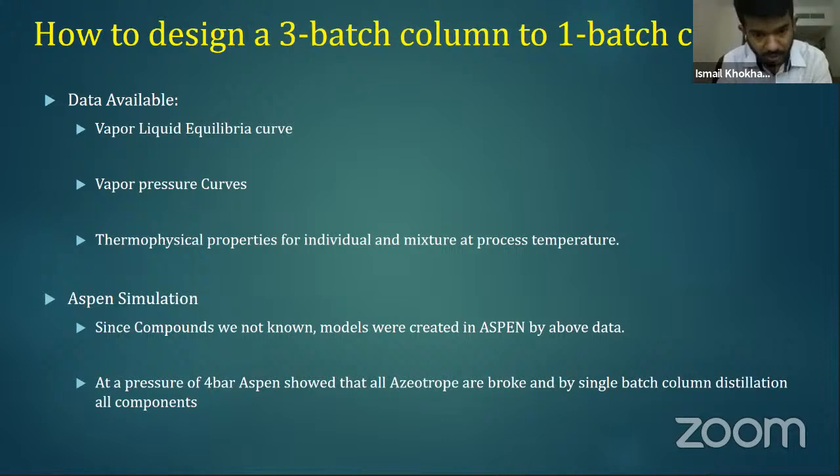We generated the model ourselves and made sure that the model was working properly, because when you generate a molecule in Aspen, it requires the chemical structure, the molecular formula, then two or three thermophysical properties, and based on your vapor pressure curve, it will generate a vapor pressure curve with the regression mode.